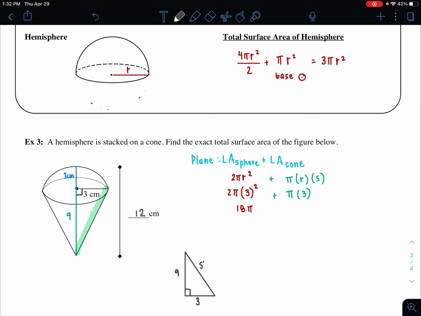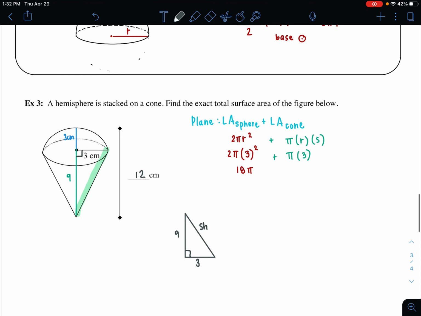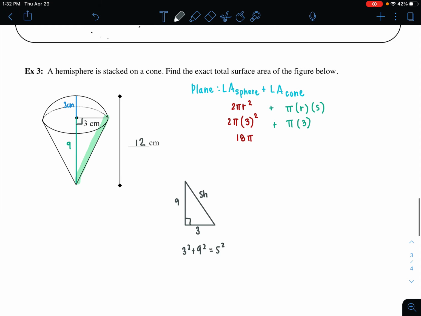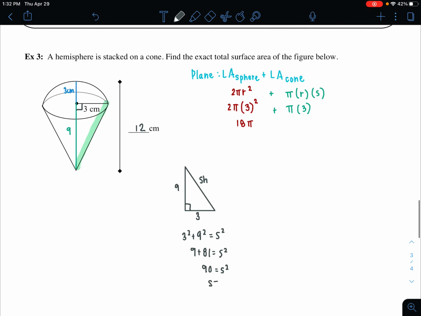So we can solve for our slant height. So 3 squared plus 9 squared equals my slant height squared. 9 plus 81 equals slant height squared. 90 equals slant height squared. When we square root both sides, we get our slant height is 3 root 10.